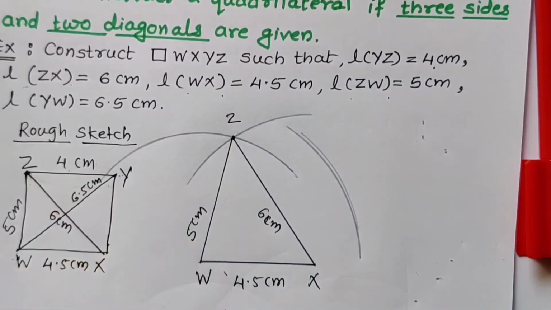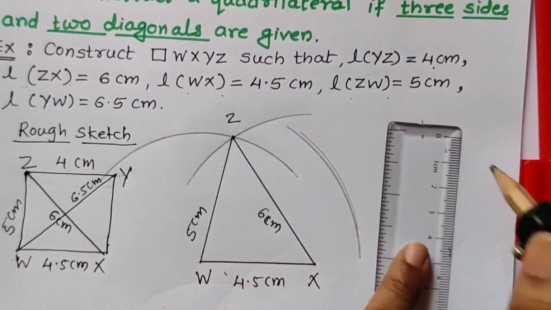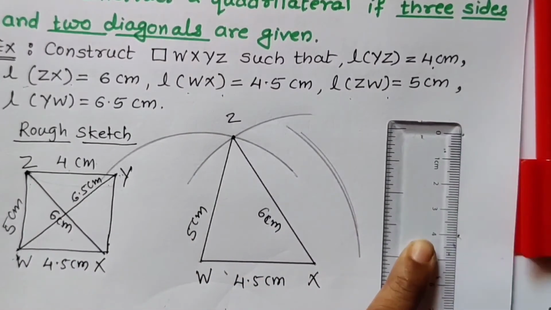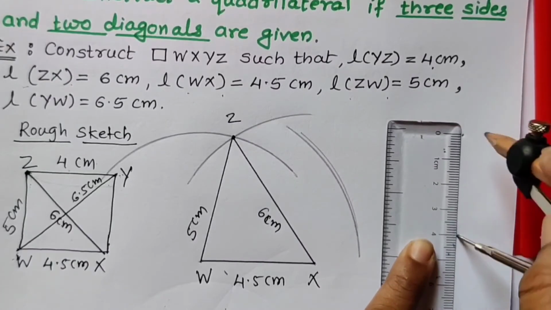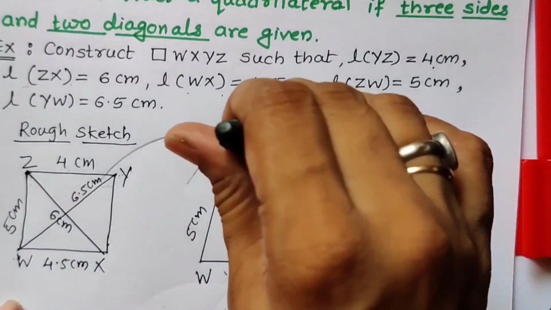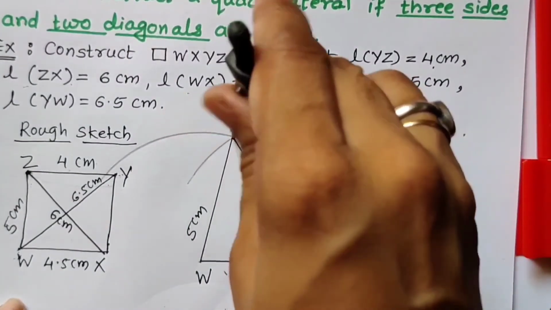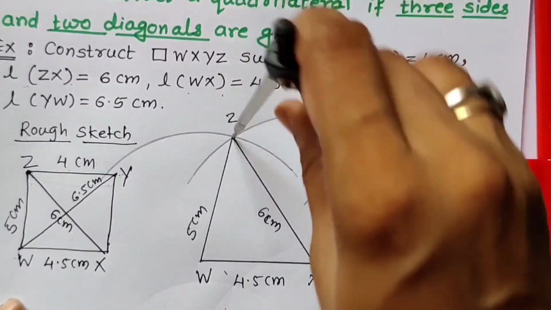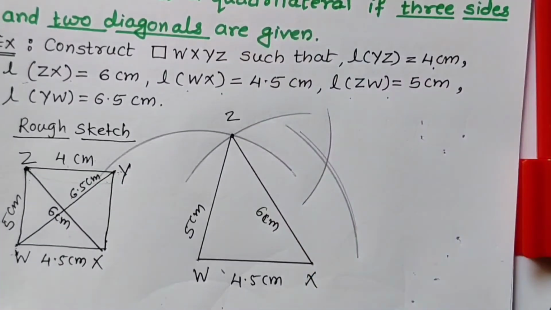From Z it is 4 centimeter, so take 0 to 4 like this, and then take the 4 centimeter distance in your compass, and from Z it is 4 centimeter, so I will put my pointer on Z and then I will draw the arc which intersects the previous one.